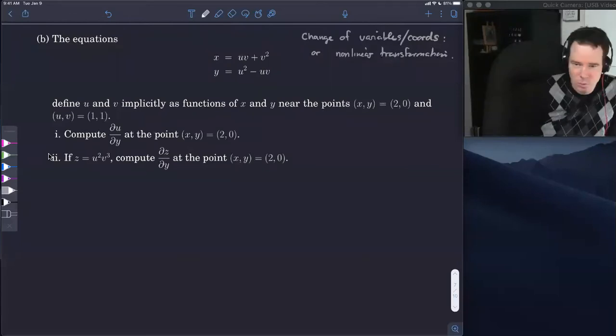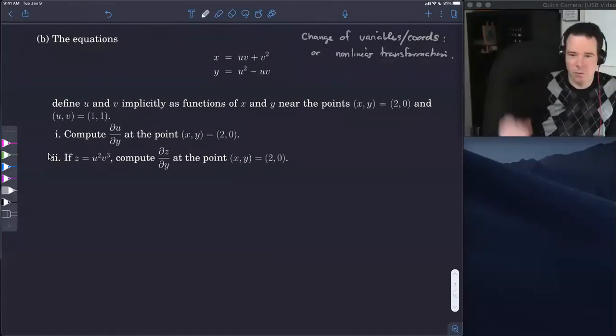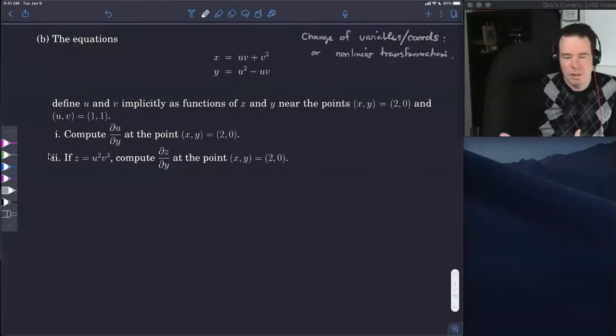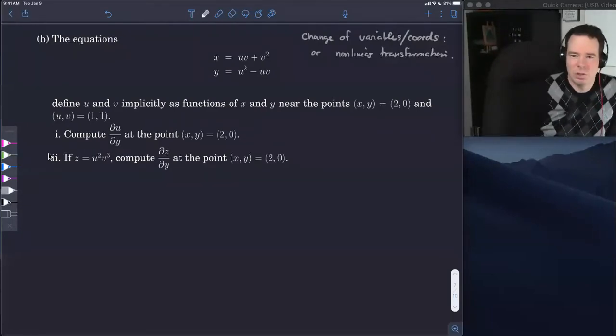I'm just giving you a highbrow overview. The way you do that is at a particular point, let's say 2, 0, 1, 1, in this case, the xy and the uv values, you use derivatives to linearize things. When you linearize things, in other words, make linearizations or tangent plane approximations, then you've made things into linear objects, and now you can use linear algebra to study those things.